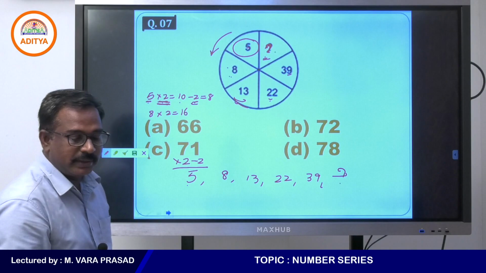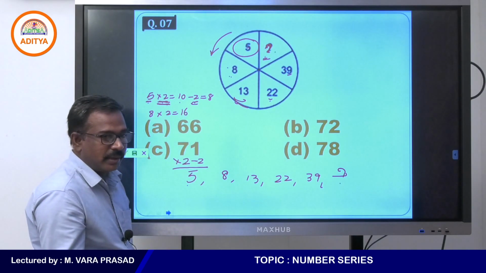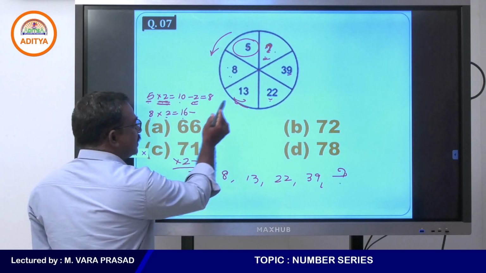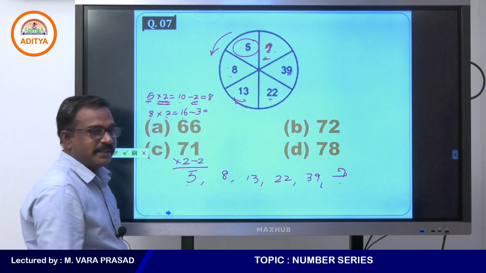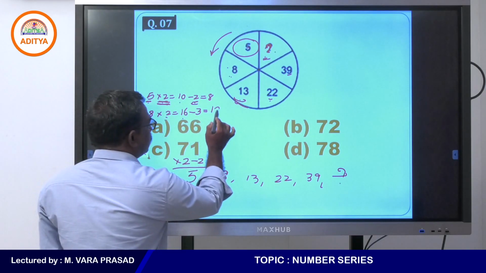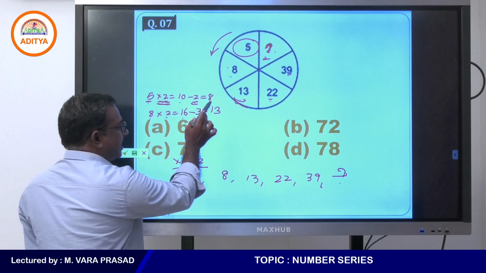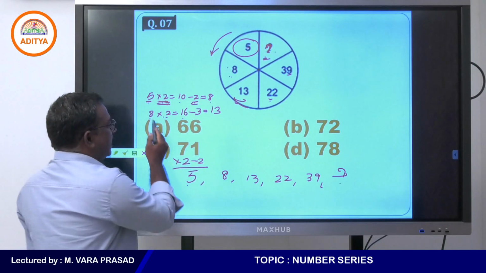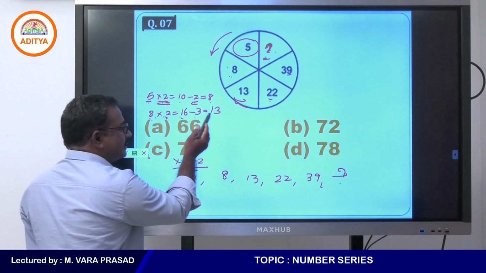Then what is the process here? 8 into 2 is 16, here 13 is given, so increase by 1: 16 minus 3 is 13. Same number multiplied, same number subtracted, but the same process is not coming, then you need to change your idea.